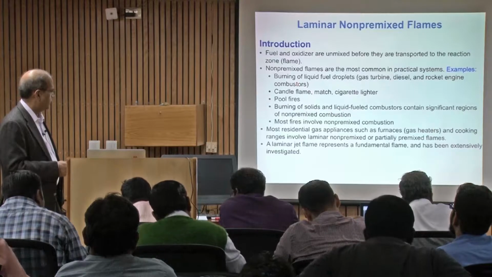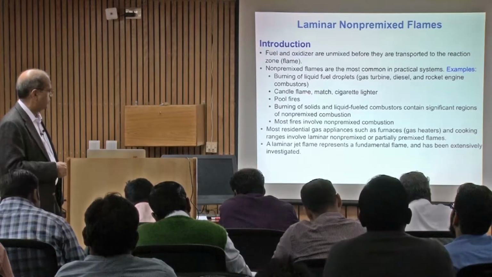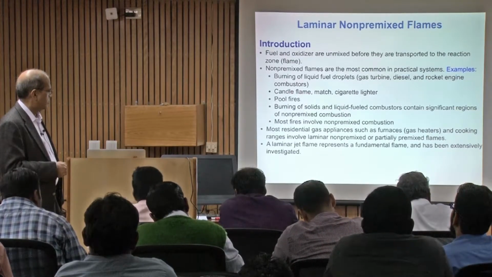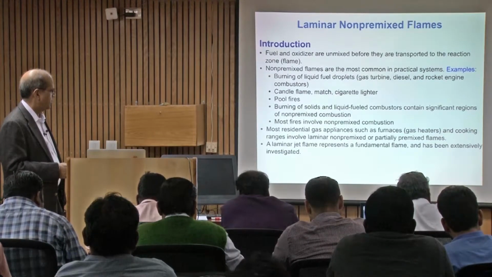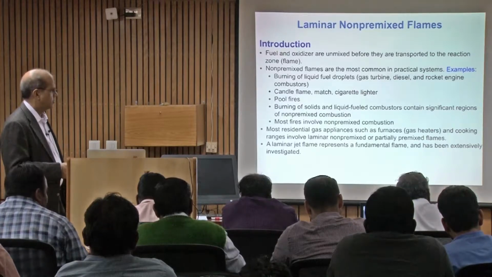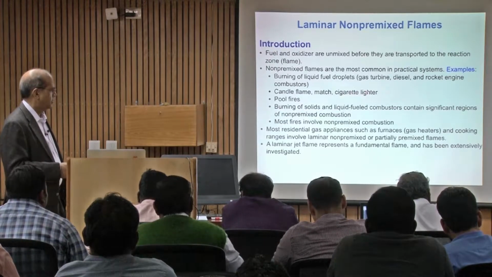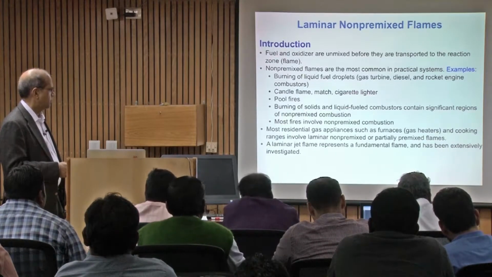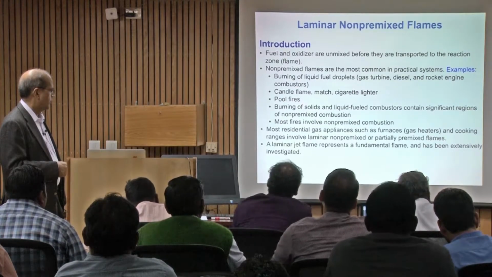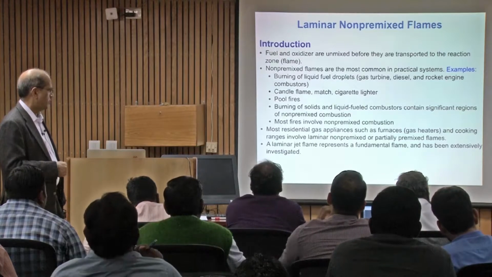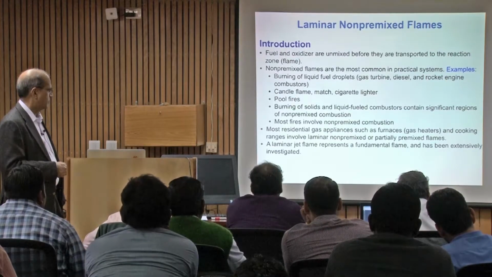And then other examples: candle flames, a typical diffusion flame. The cigarette lighter flame, where the fuel is butane, is a very typical diffusion flame. Pool fire is more complex, but a lot of burning is going on through the diffusion flame.